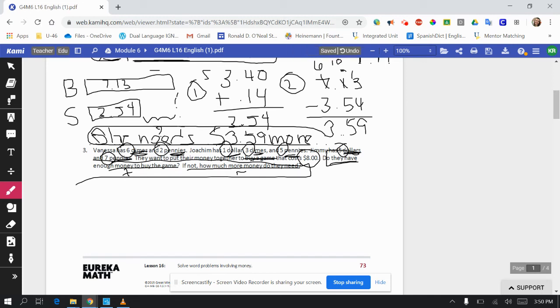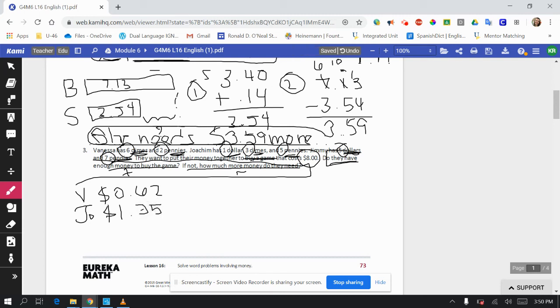So here we go. Vanessa has 6 dimes and 2 pennies. So Vanessa has $0.62. Joaquin, okay, so I'm going to write J-O for him. He has $1, 3 dimes, and 5 pennies. So that's 35.